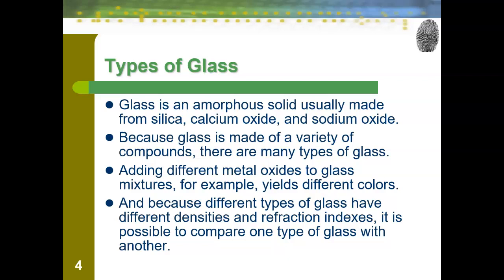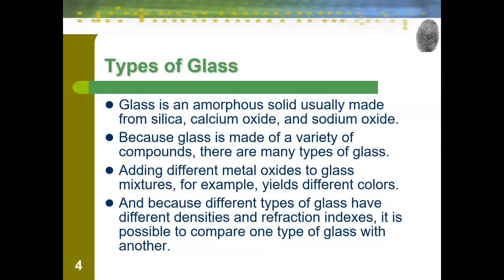Car glass is not the same as window glass, for example. So we create different types of glass. We can also add different metal oxides to glass mixtures to produce different colors. That is where stained glass comes from. Stained glass is technically glass that is made with different metal oxides, although in recent times we've started to just paint over clear glass with clear colored paints to make essentially fake stained glass.